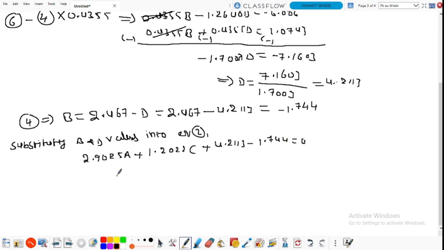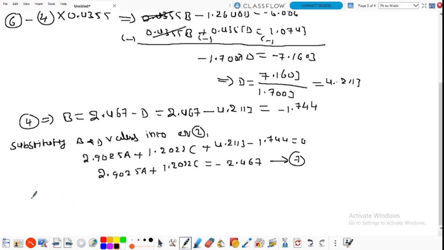Simplifying this, we get 2.9025a plus 1.2022c is equal to, on the RHS, minus 2.467, and this is considered as equation number 7.